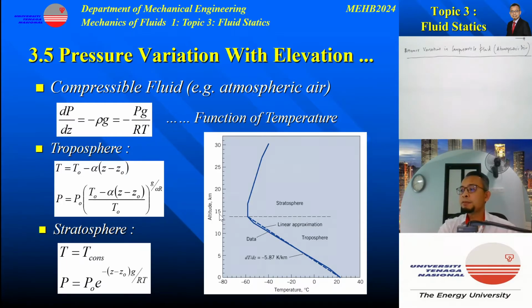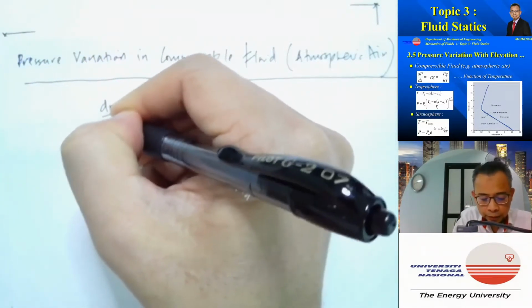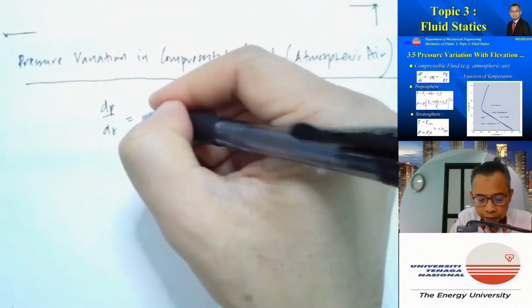However, above 15 kilometers from the Earth's surface, we reach a region called the stratosphere. Here, temperature is almost constant, so we can substitute that into these equations to obtain how pressure varies with z in the stratosphere. So we have dP/dz is equal to minus rho g.